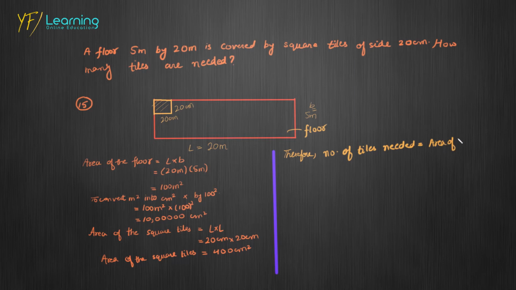So therefore, the number of tiles needed is equal to the area of the floor divided by the area of the square tiles.